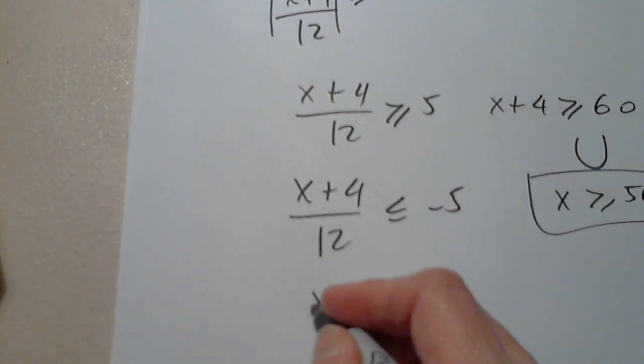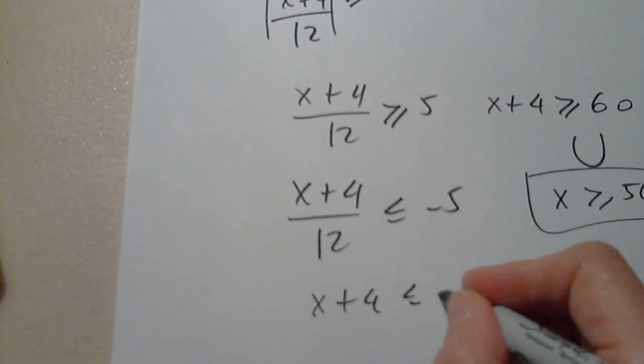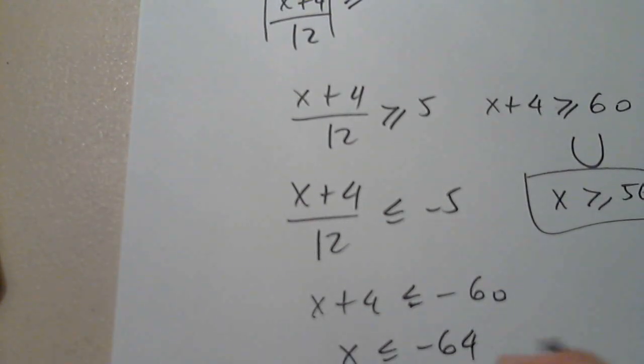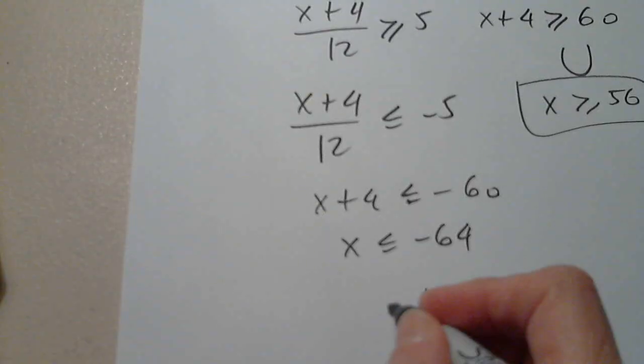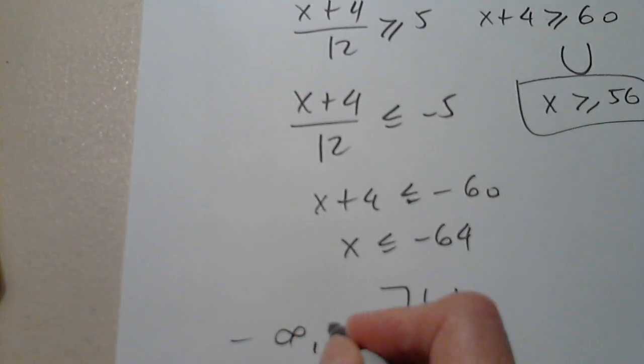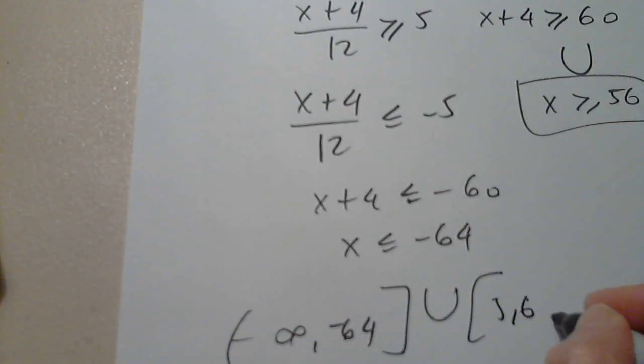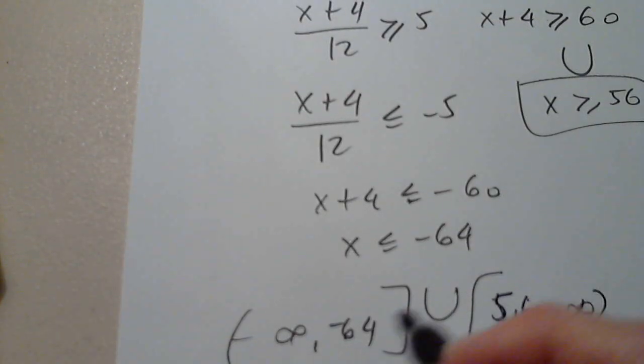And this one is x plus 4 less than or equal to -60, or x less than or equal to -64. So the union, negative infinity to -64, and the other one, 56 to infinity.